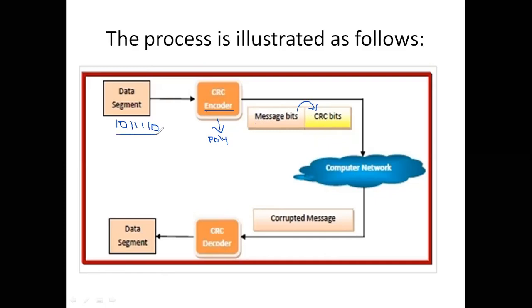This is the message bits and this is the polynomial divisor. When you divide the data with this polynomial, we get a remainder. That remainder is considered the CRC bits. These CRC bits we add after the message bits.